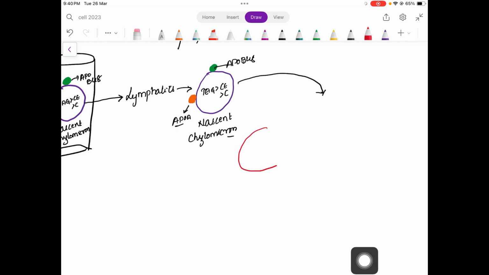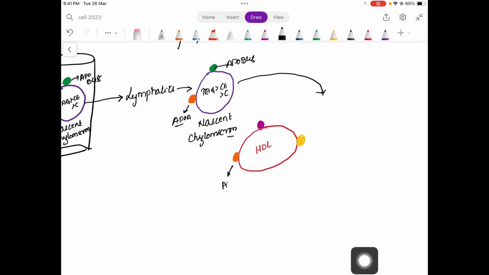HDL molecule. This is an HDL molecule, and these HDL molecules will have ApoA, one more is ApoC2, and one more is ApoE.